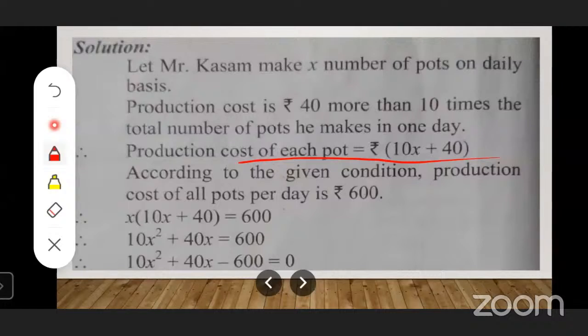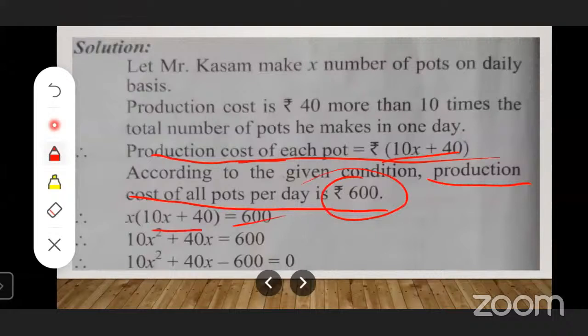Now what will be the next condition given over here? Production cost of all pots per day is 600. We know the production cost of each pot. But what is given in this condition? Production cost of all pots per day is 600. We know the production cost of each pot and we know the number of pots he makes every day.